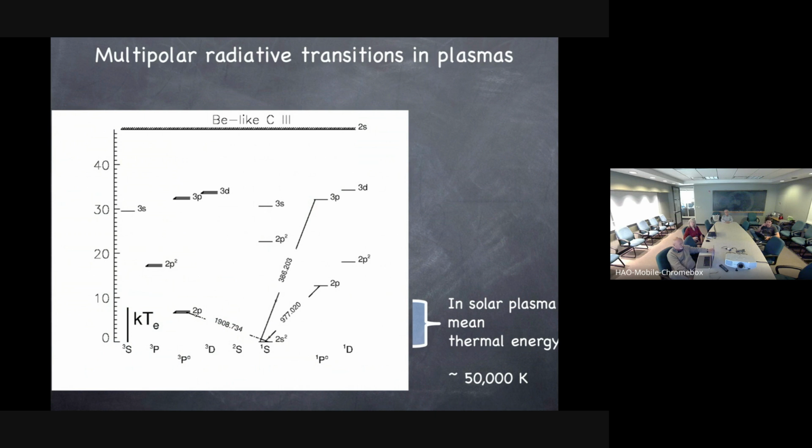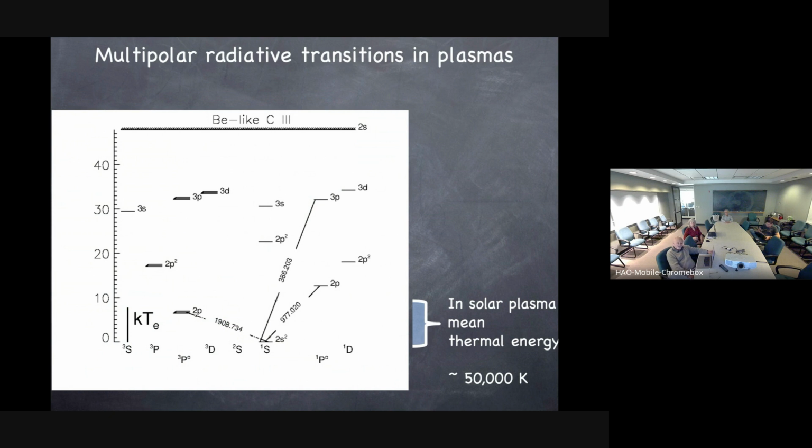Now I'm starting to use the jargon, so we have an n equals 2 shell. Remember, n equals 2 means there are a certain number of nodes for a given angular momentum in the radial wave function, and for each individual electron's angular momentum L, that number of nodes varies.